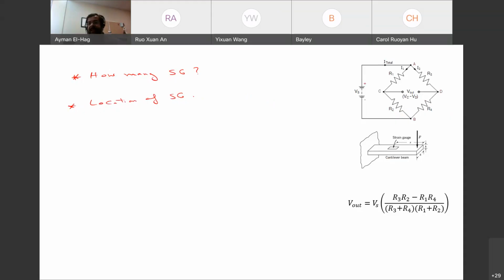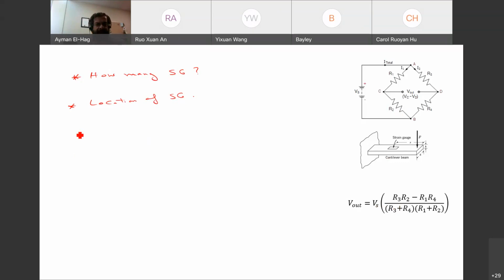Is this strain gauge R1, R2, R3, R4, or are there multiple of them? You have to know which strain gauge is in which R, because this is very important to find the V out. The resistors that are replaced by strain gauges will change in value, while resistors that are just resistors will not change.